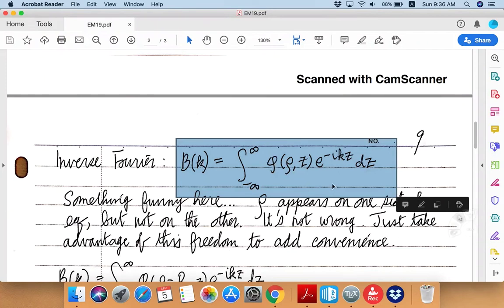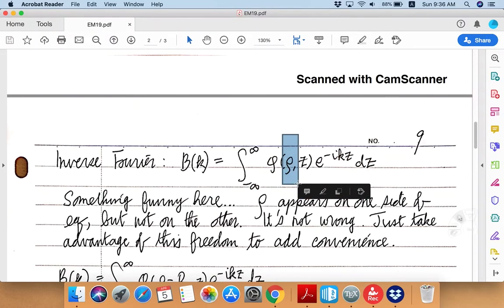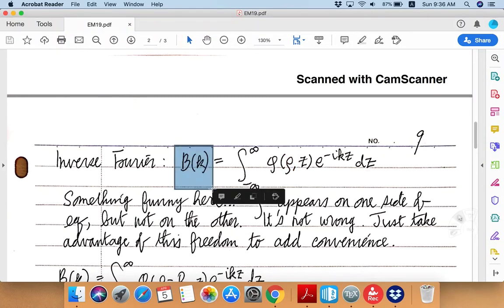So far, I tried to make it natural what I did, but actually you'll find that there's something slightly funny going on here, because we do have the dependence on the radial coordinate rho here on the right hand side of the equation, but on the left hand side we have nothing. So at first it seems pretty confusing.